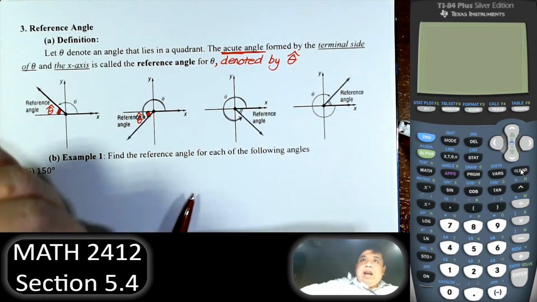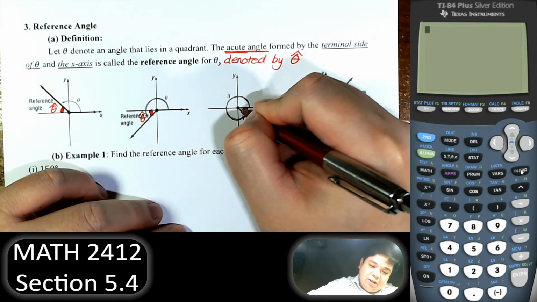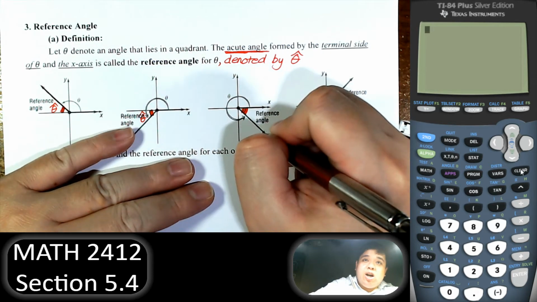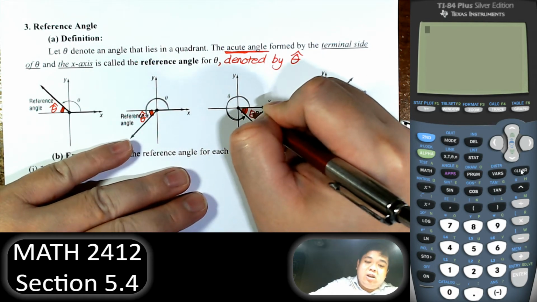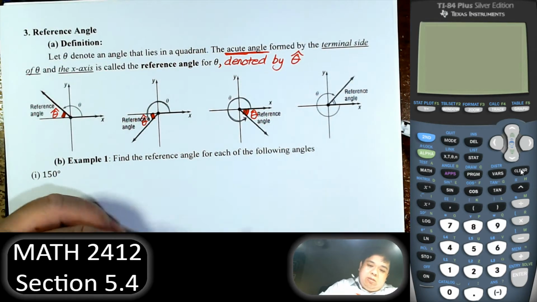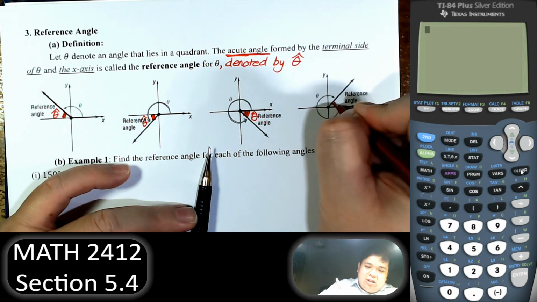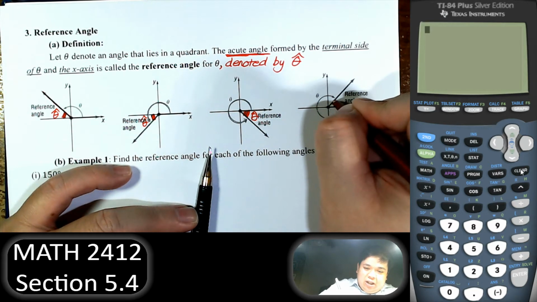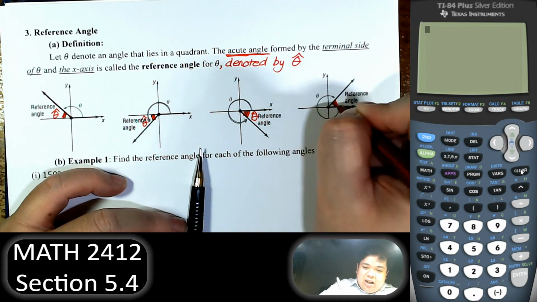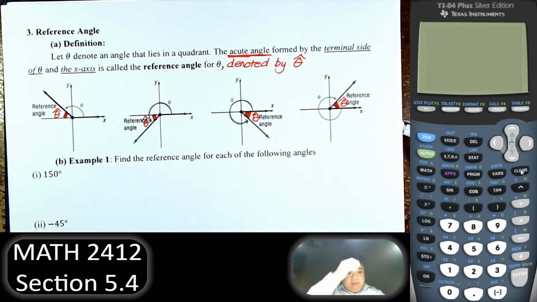So if we have that angle, the reference angle would be this much, because we just form the terminal ray with the x-axis. Doesn't matter if it is the positive x-axis or negative x-axis, as long as the terminal ray and either positive or negative gives us the reference angle.